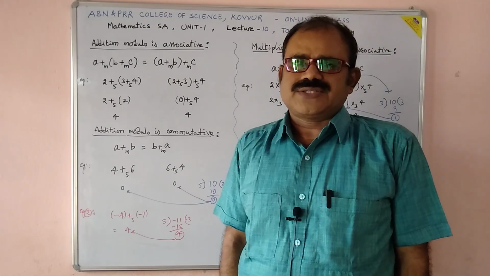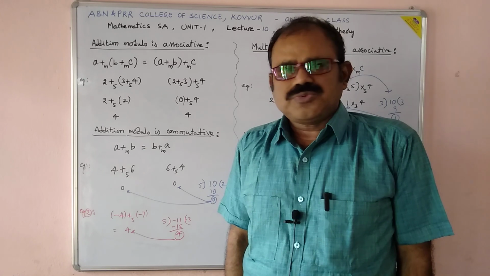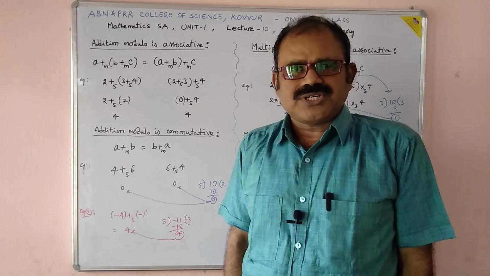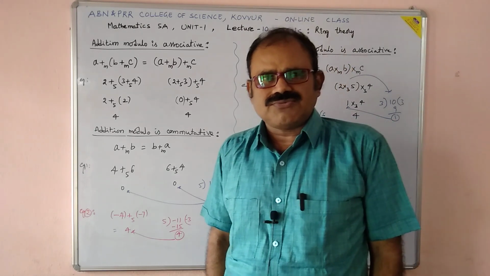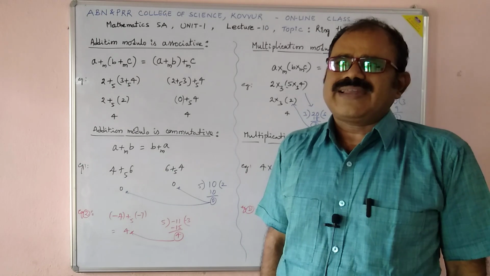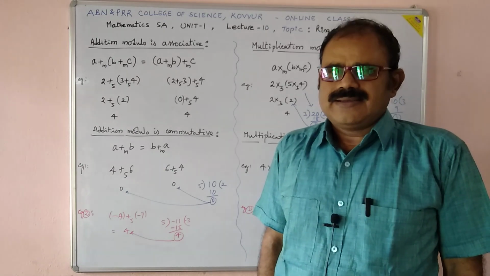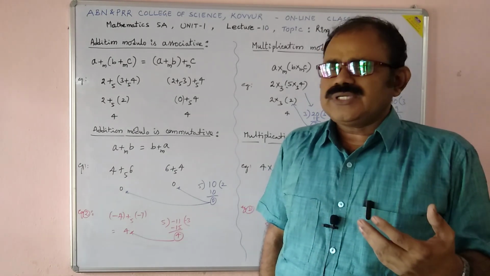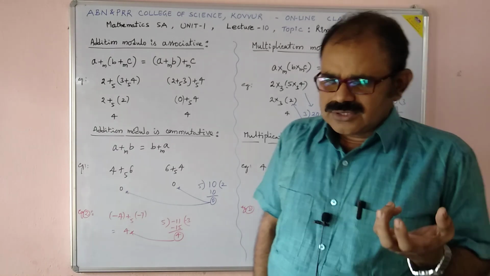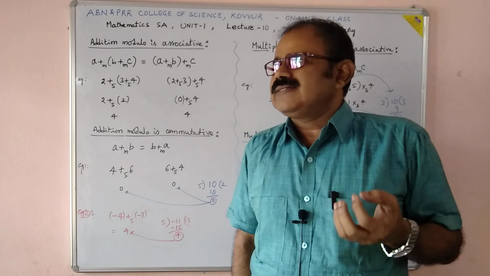We have verified successfully, and distributive laws will follow. Therefore, Z5 with respect to addition modulo 5 and multiplication modulo 5 is a ring, which is said to be a ring of residue classes.